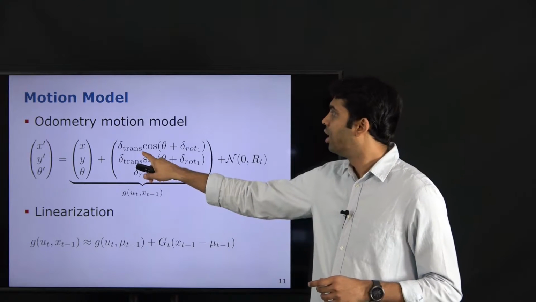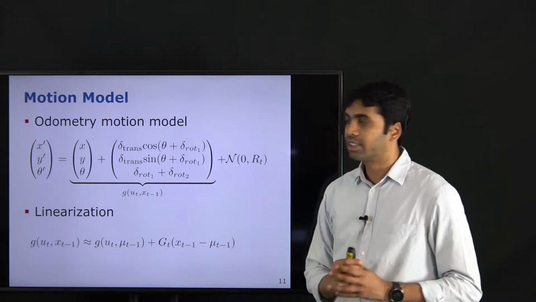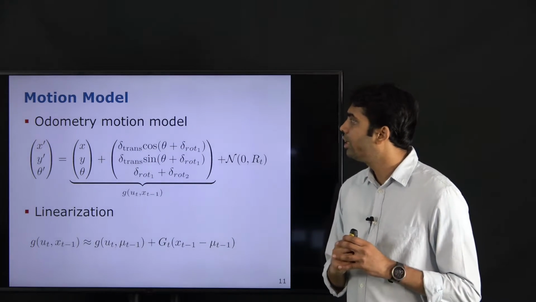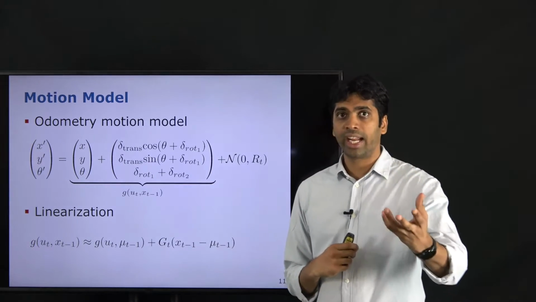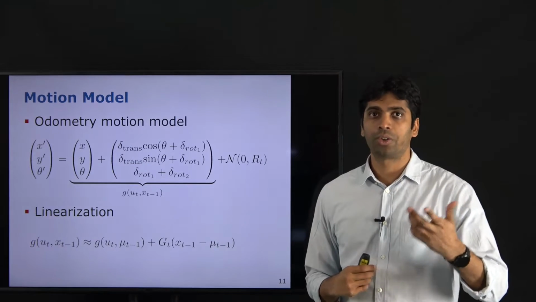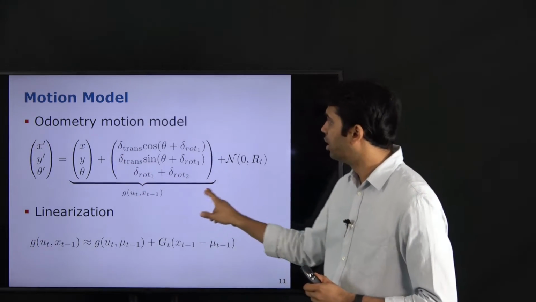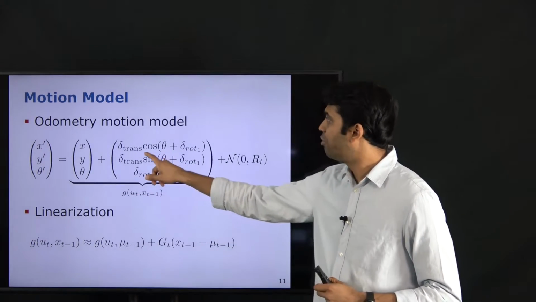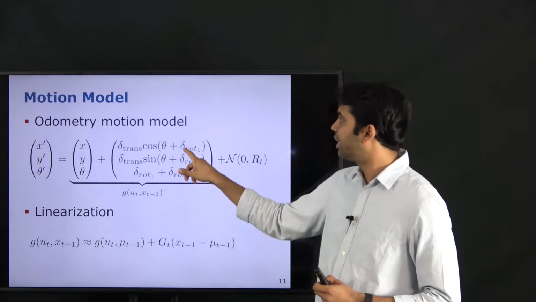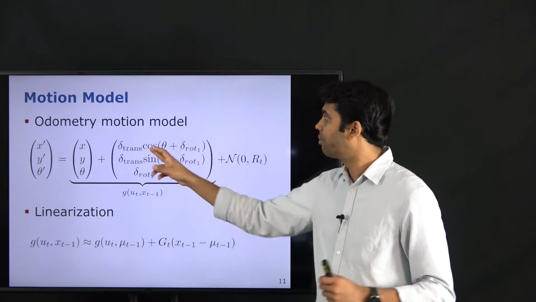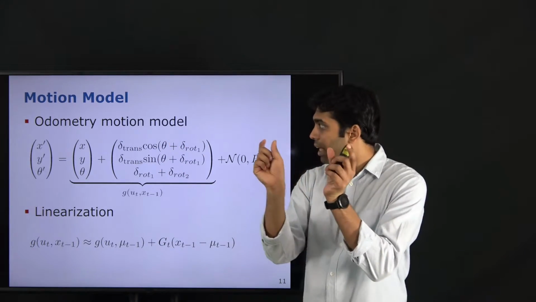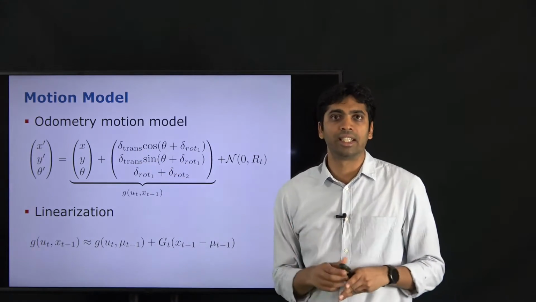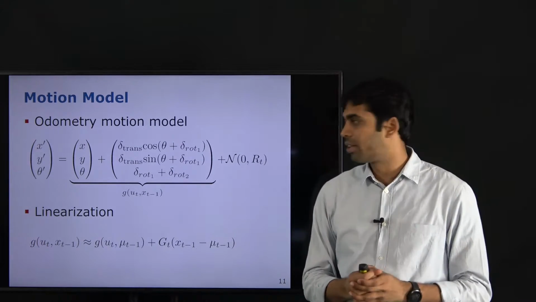You have some cosines, some sines, etc., and this is nonlinear not just in your state, but also nonlinear in your controls. So if you look at this particular equation, you have your controls, which are delta translation and delta rotation 1, for example, and they are multiplied with each other and there is a cosine in there, so basically they are nonlinear functions.